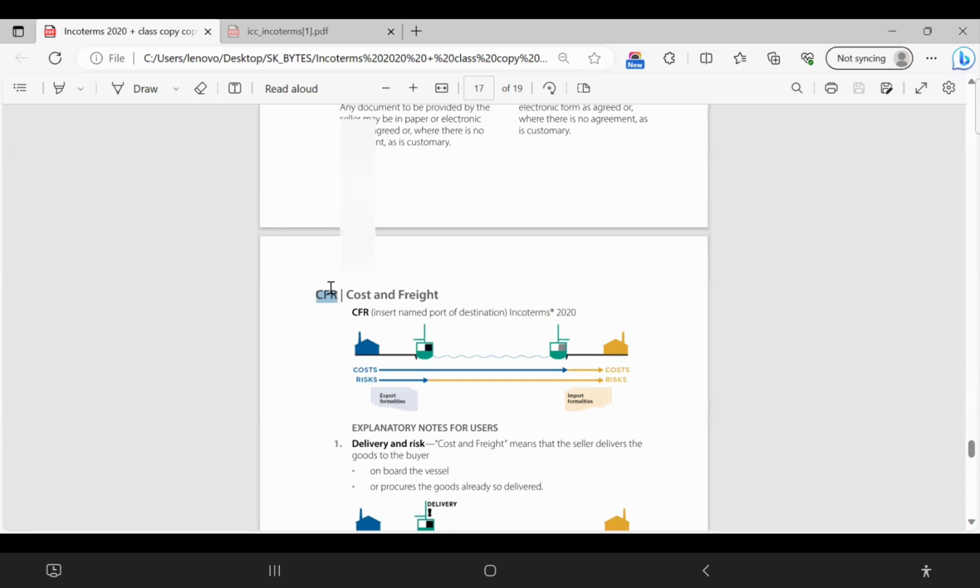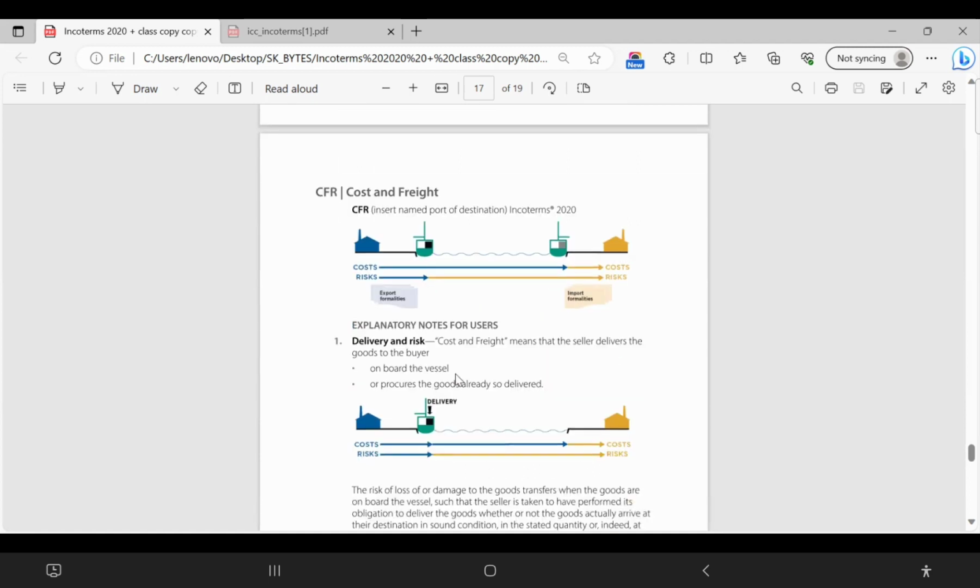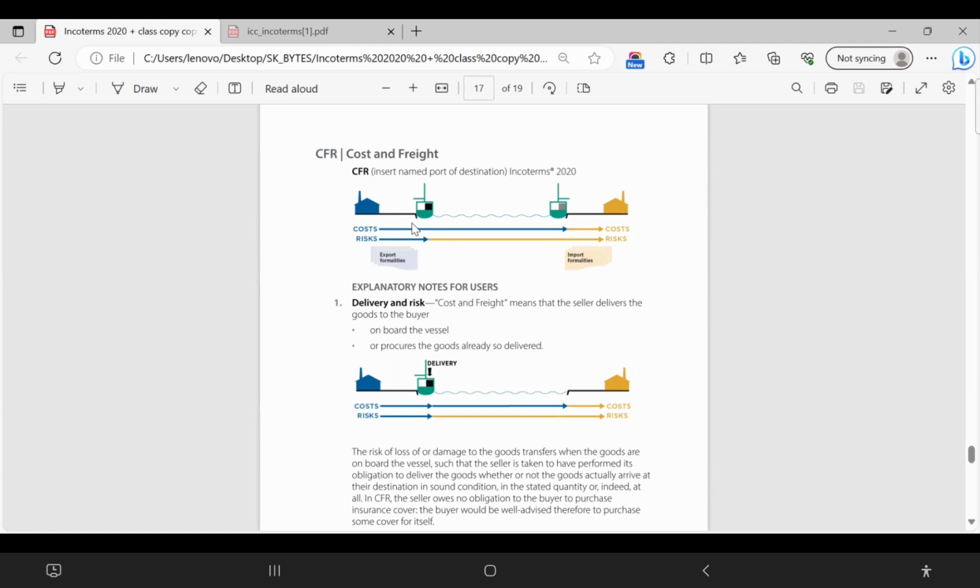Again, C terms, freight is paid by the seller, freight prepaid. The only distinguishing point between CFR and FOB: in both cases the delivery happens when the goods are onboarded, but the cost is until the named port of destination, C terms. That is the only differentiating point between FOB and CFR.